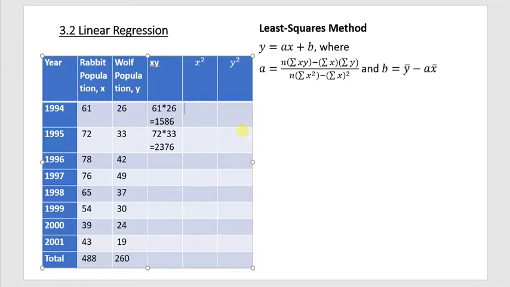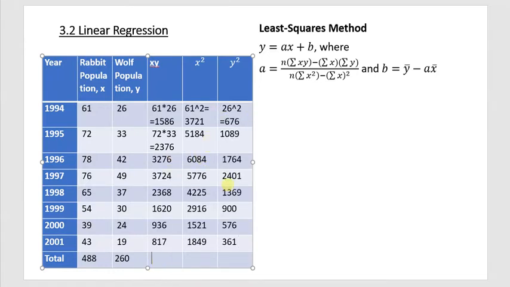Now also, because we're finding the correlation coefficient as well, we're going to do X squared, which is 61 squared, which I get 3721. And we're going to do the Y squareds, so 26 squared, and I get 676. So what I'm going to do is fill all of these in and pause the tape.